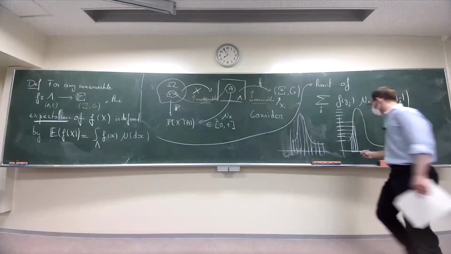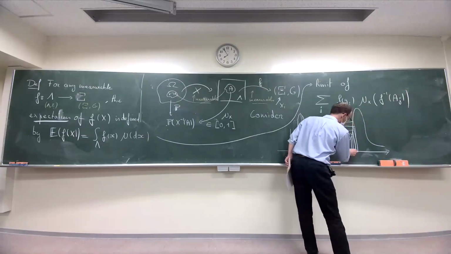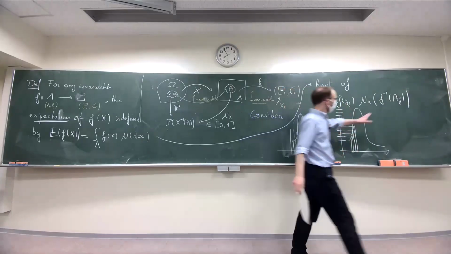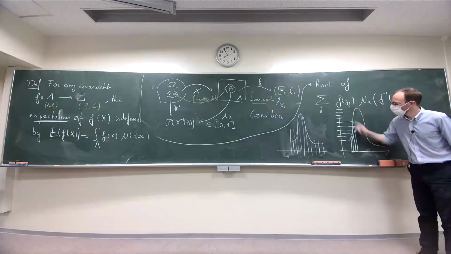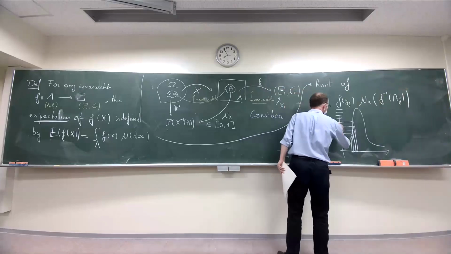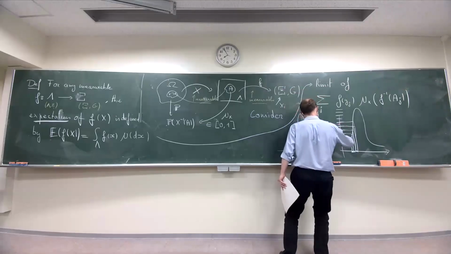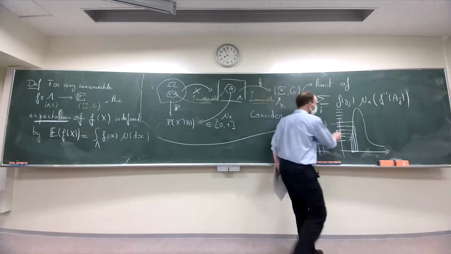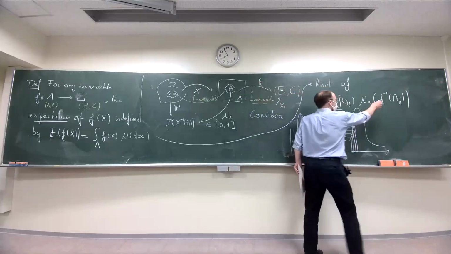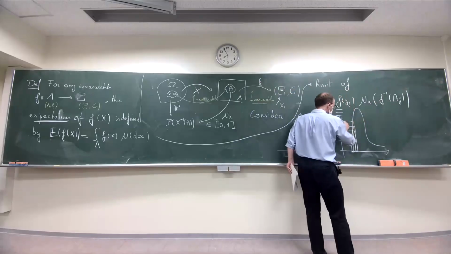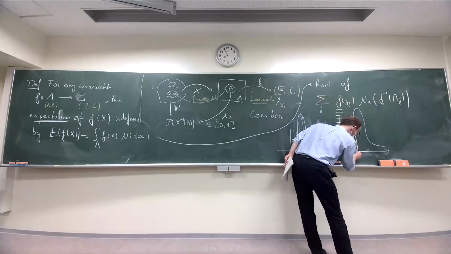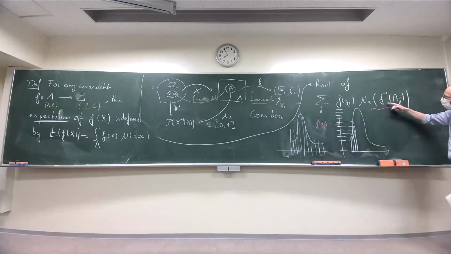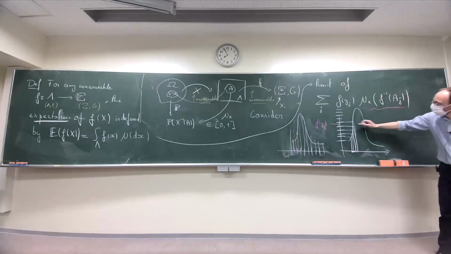It gives me some interval where the function takes values. Then I take f of yj, one number inside this interval, and it is multiplied by the size of the preimage, the measure of the preimage of an interval.